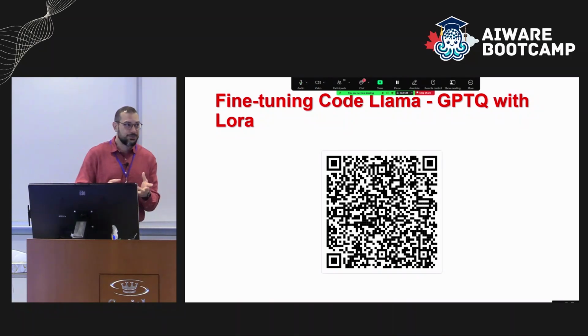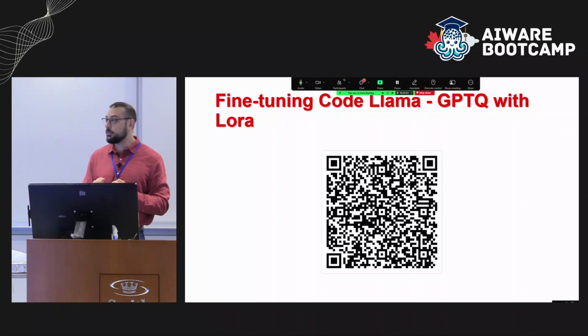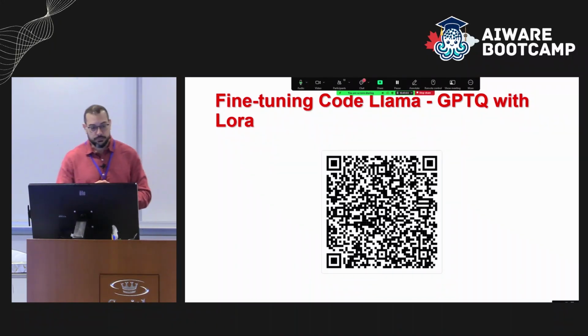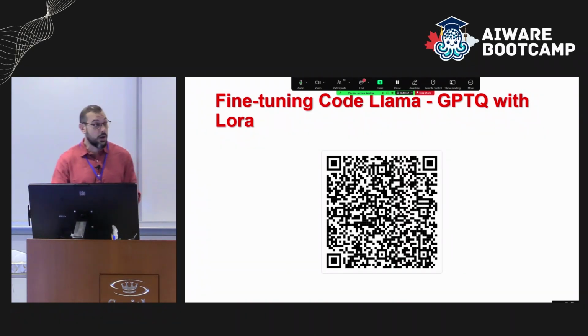So what I will try to show today is how you get a model from Hugging Face. You have the transformers library where you can load these models in GPU memory and do inference with them. Hugging Face also has an implementation of LoRA, which is compatible with their API and with their own ecosystem of models and libraries.